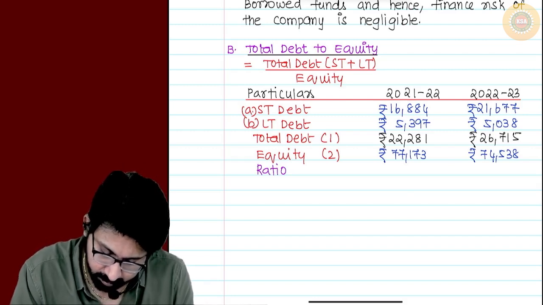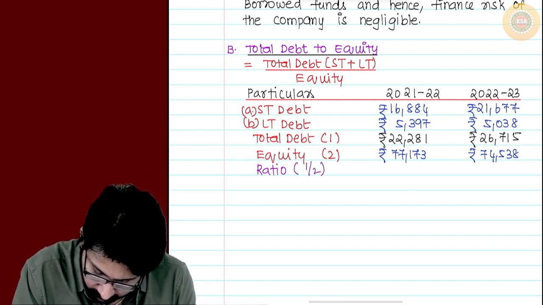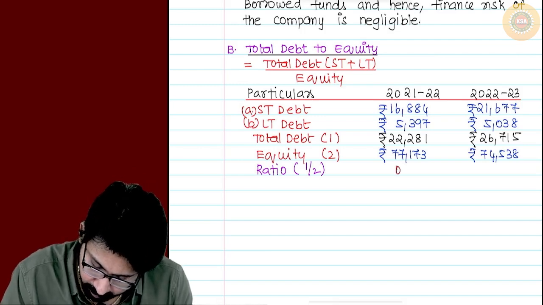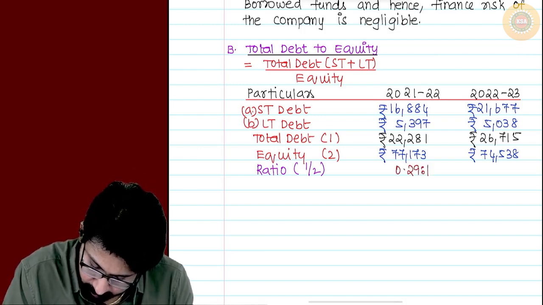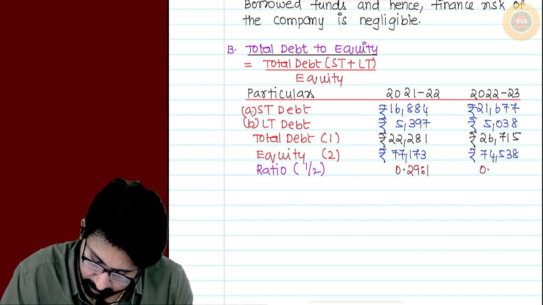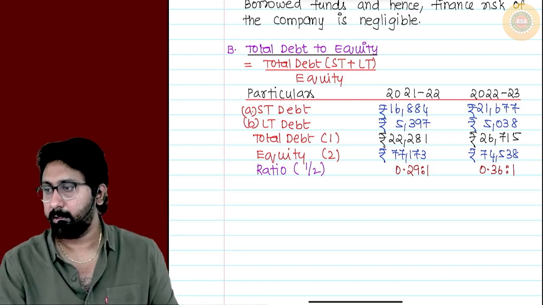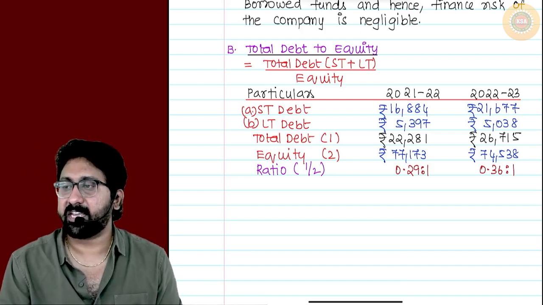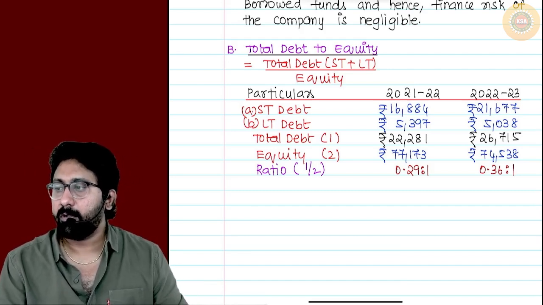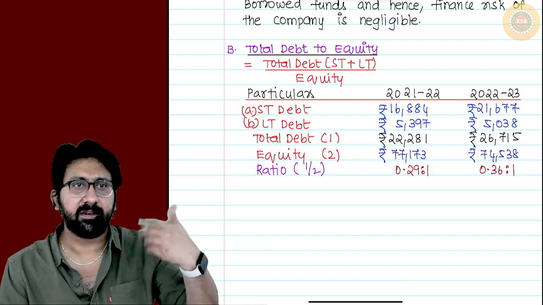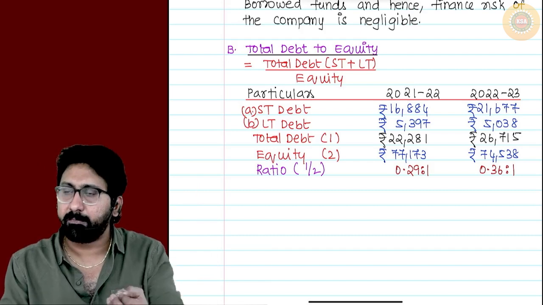Ratio: 0.29:1. Next one, 0.36:1. Even in this case, for every 1 rupee of equity, only how much debt is there? 0.29 and 0.36.